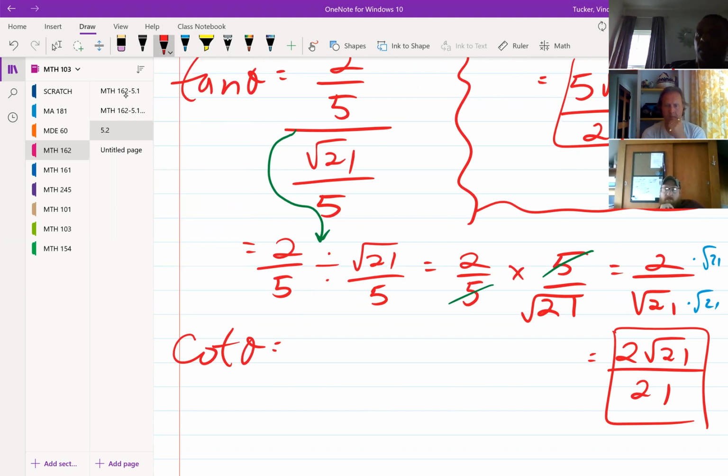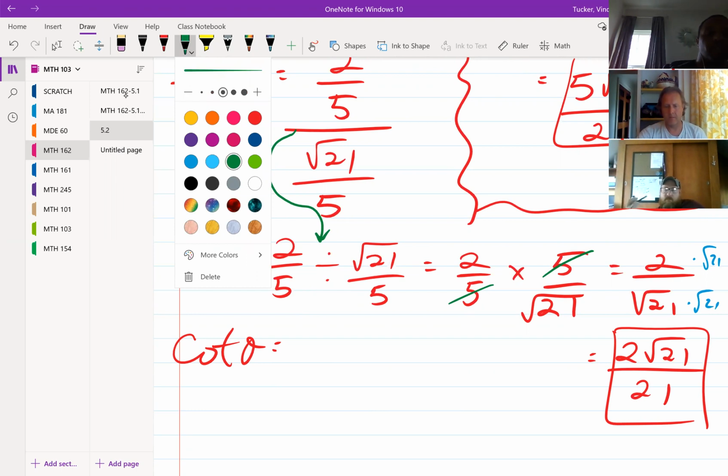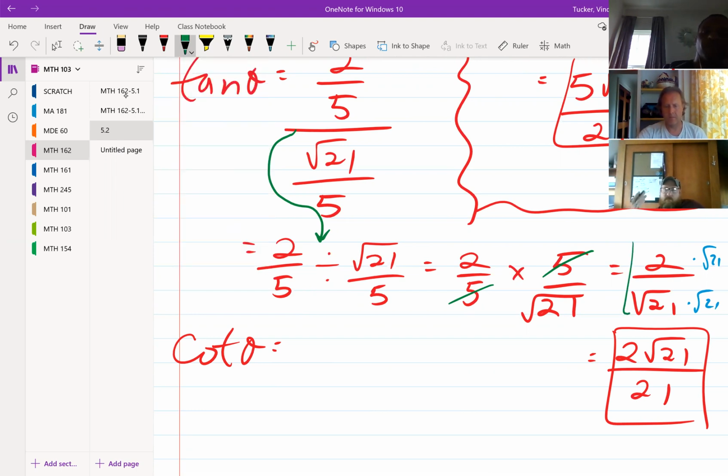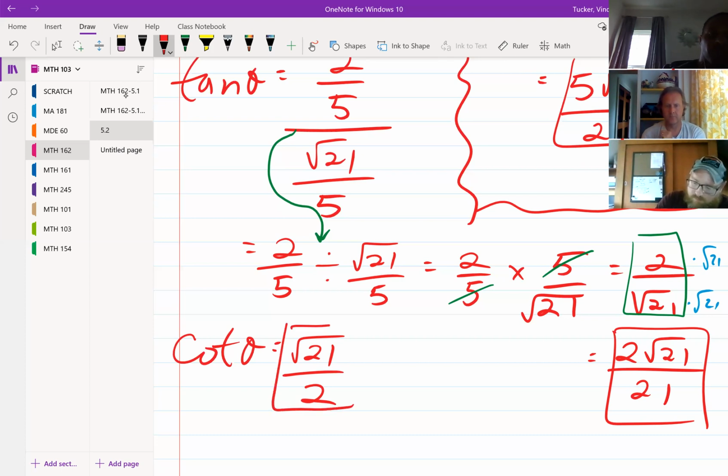Cotangent is flipping our tangent, or reciprocating our tangent. Remember, like we did before, I can flip the fraction before I rationalize it, and that will give me my reciprocal. So that'll just be square root of 21 over 2.